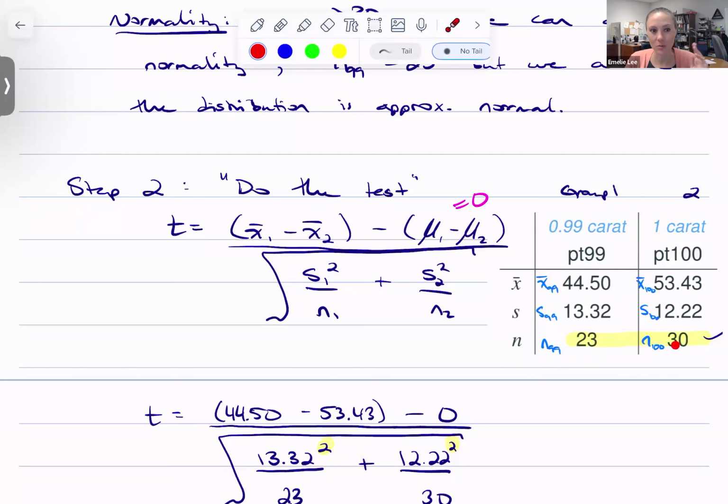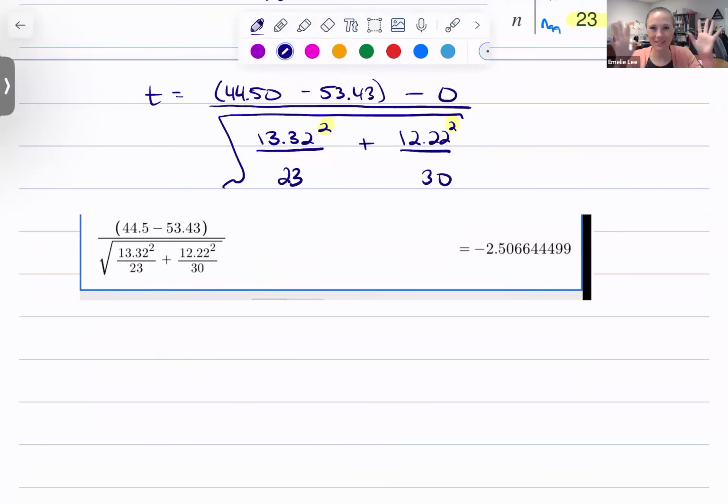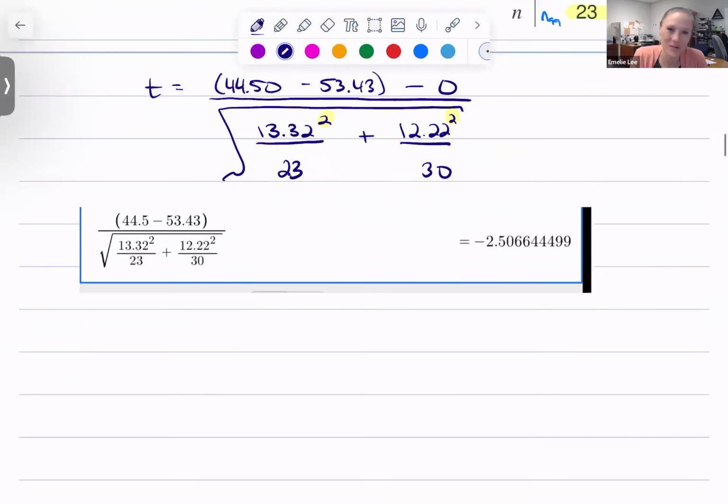And then as long as you're referencing cells in here, then it'll just do it for you, right? Then, so our t is roughly negative 2.5066.